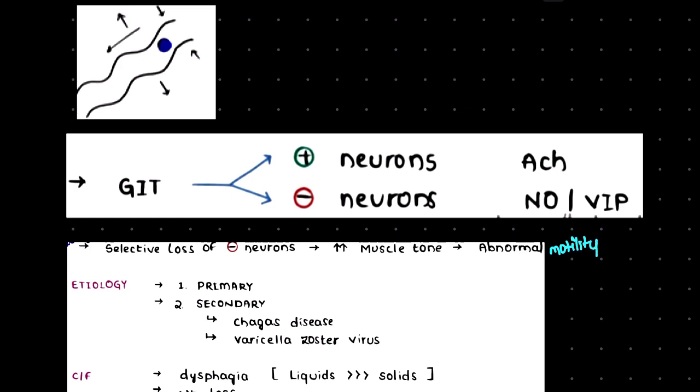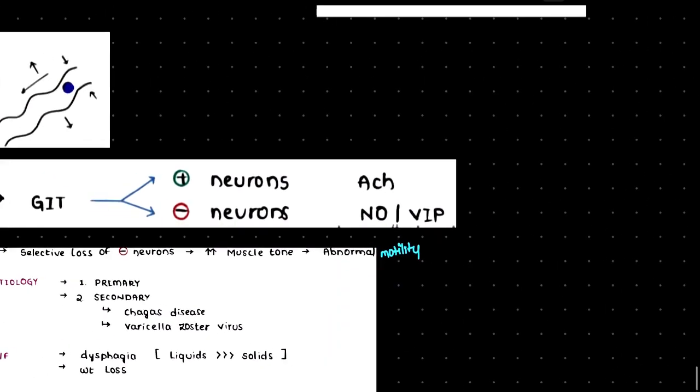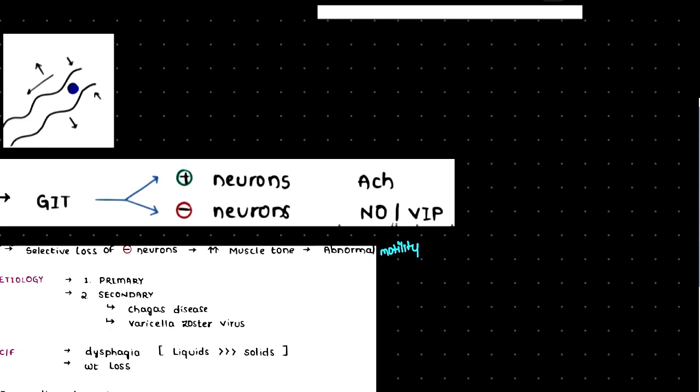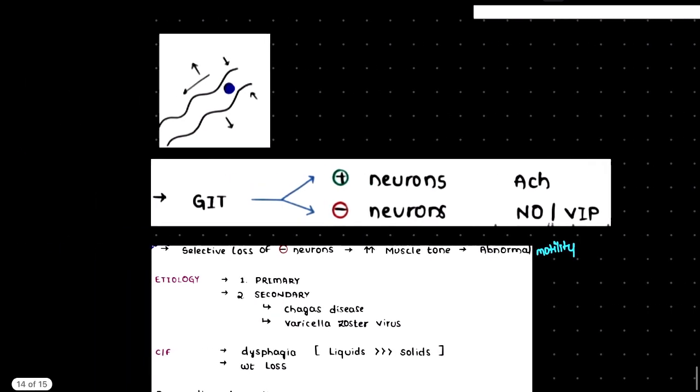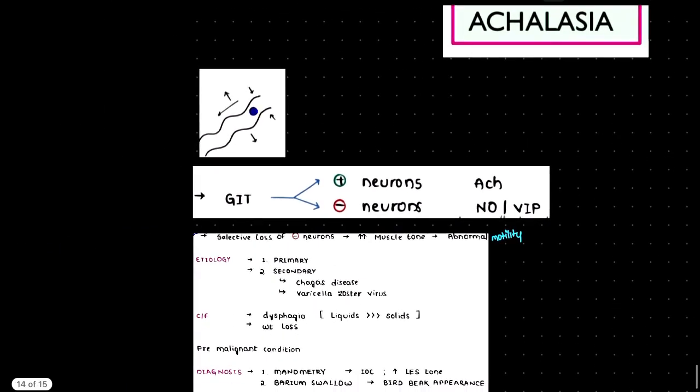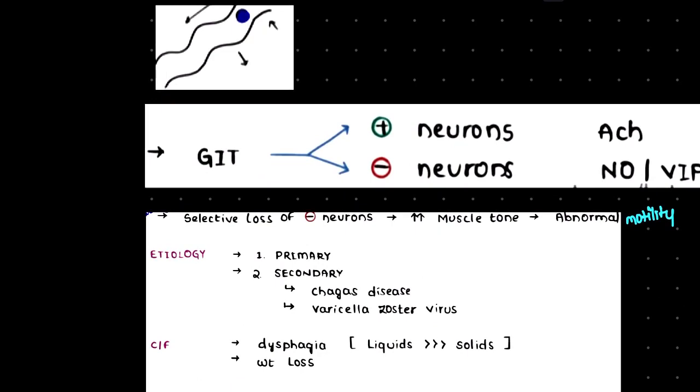Now moving further, this happens because of two things. It is classified into primary and secondary causes.